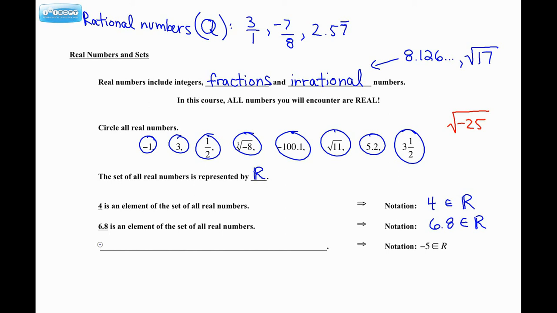So we'd say -5 is an element of the set of all, I'm running out of room here, real numbers. You want to stick with writing it out in English, be my guest, but I don't recommend it. There we go.